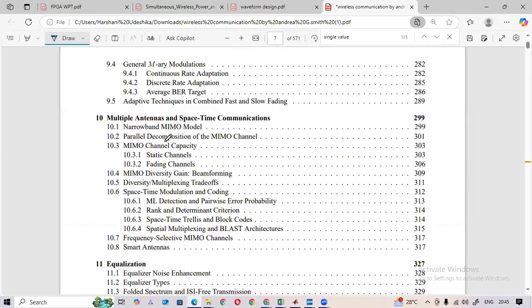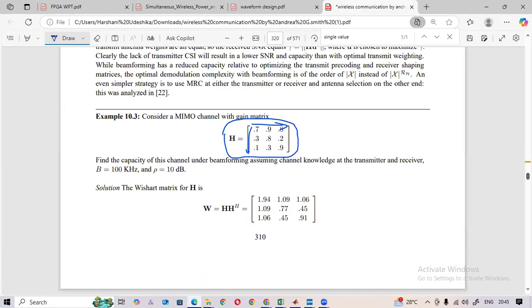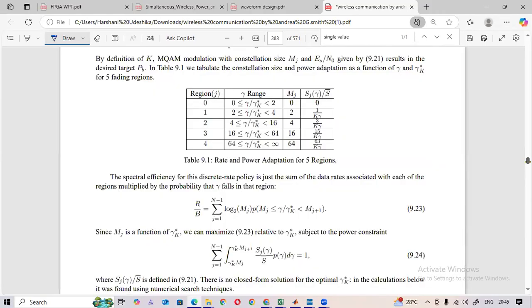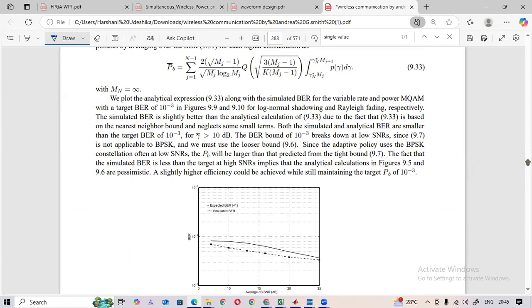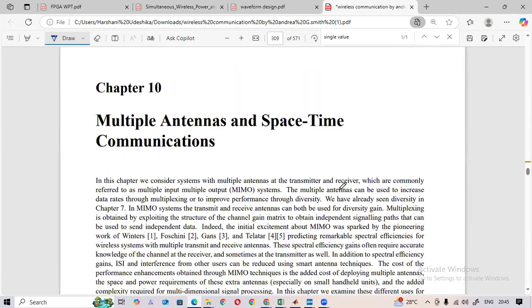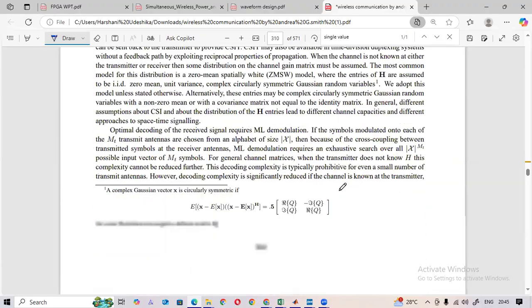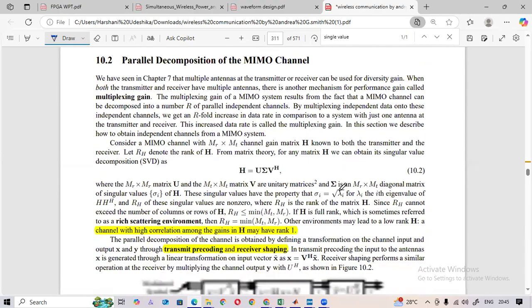It is some parallel decomposition of the MIMO channel. Yeah, this one.